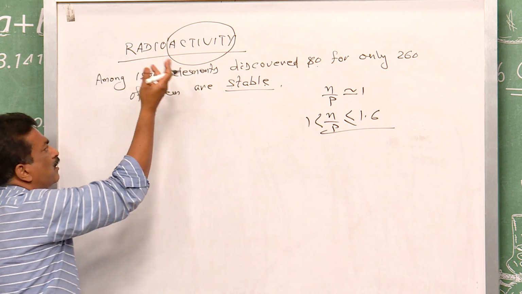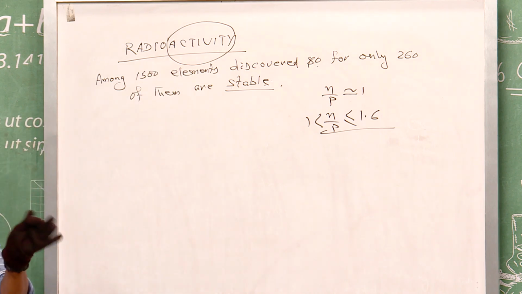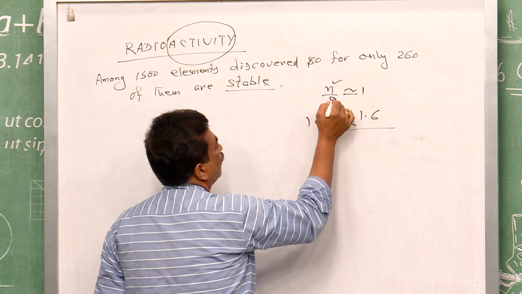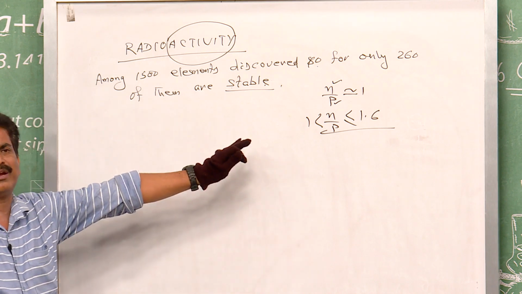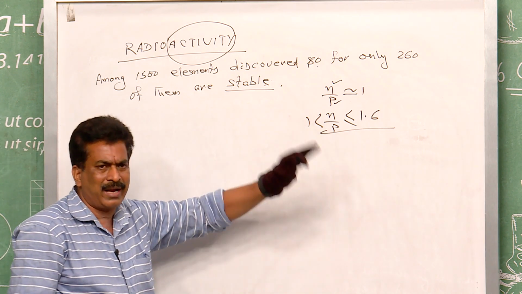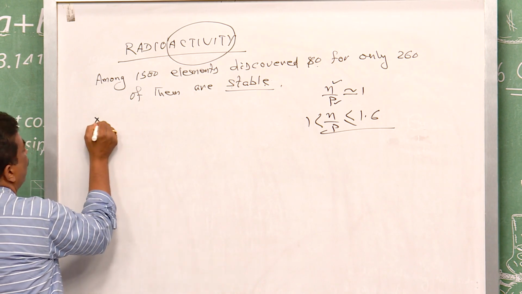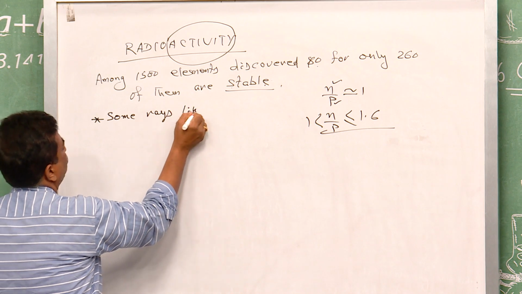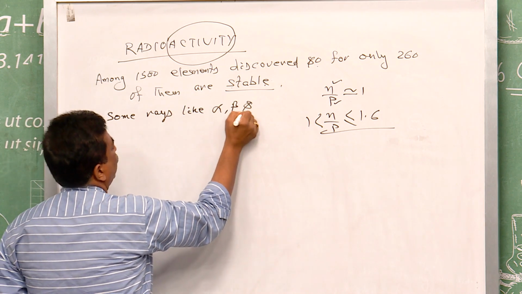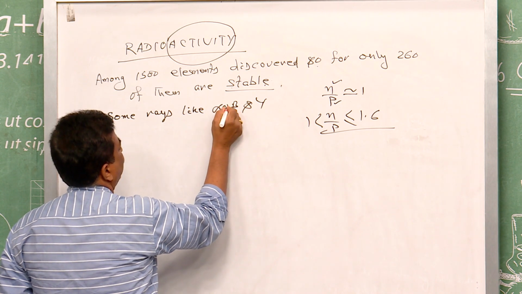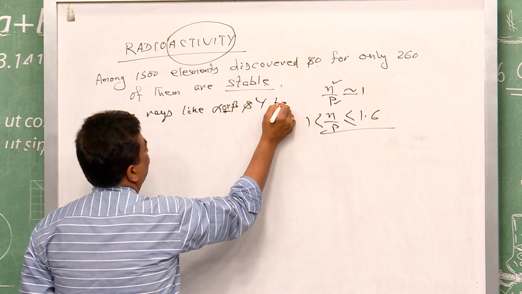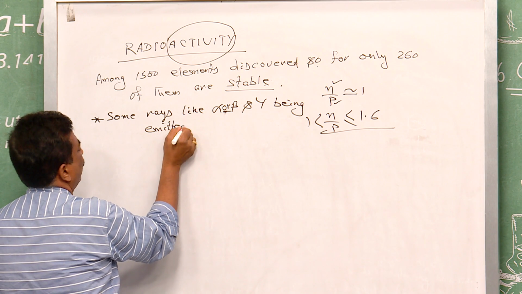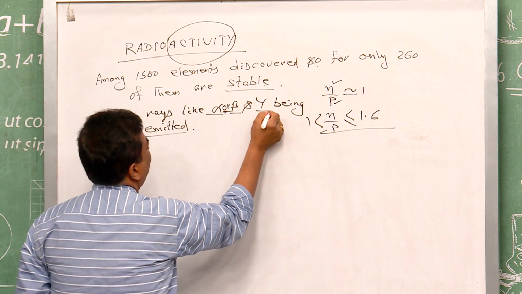So what happens for the rest? The rest are not stable. When the rest are not stable, it means the n and p ratios do not satisfy those conditions. In that case, it is observed that some rays like alpha, beta, alpha or beta and gamma are emitted.